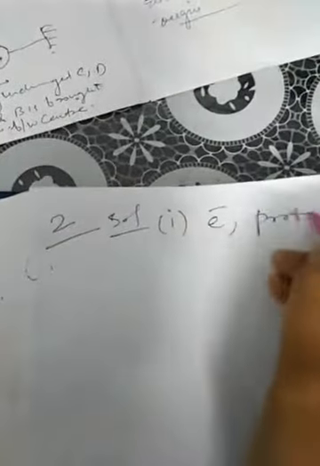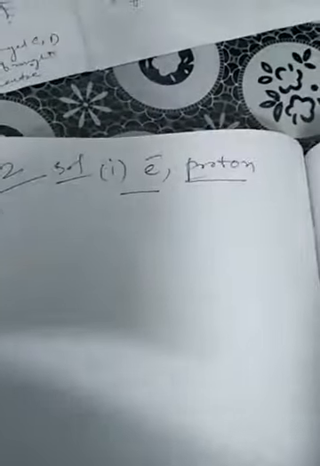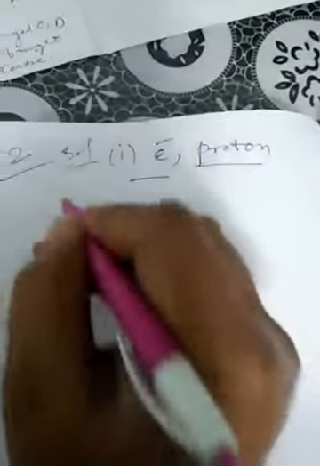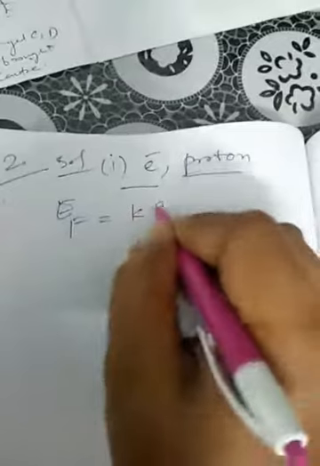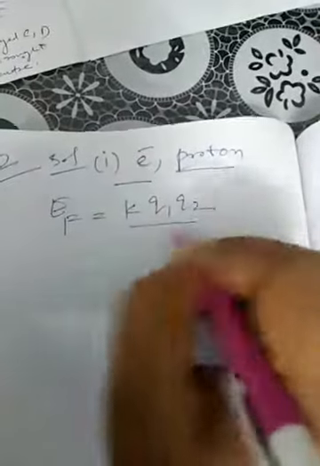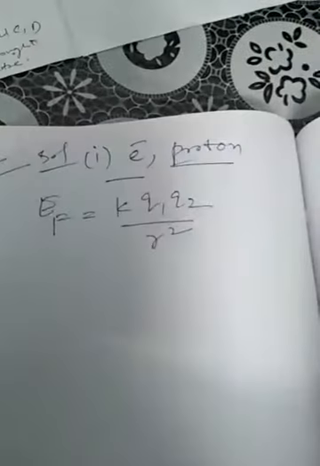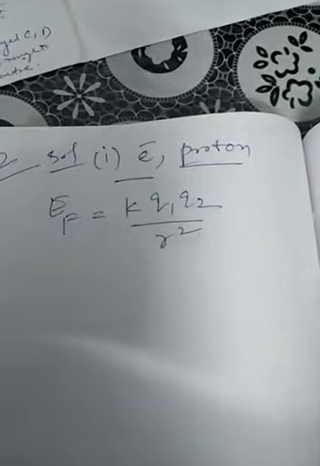Now the solution, case 1, for an electron and a proton. First of all, the electrostatic force is equal to K Q1 Q2 upon R square. Distance is not given, so we will take the distance to be R as it is.